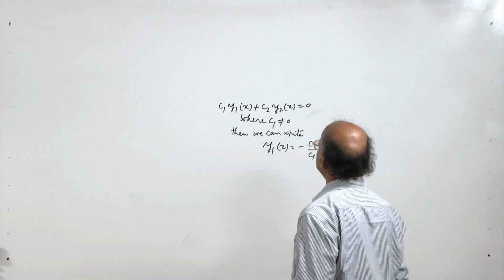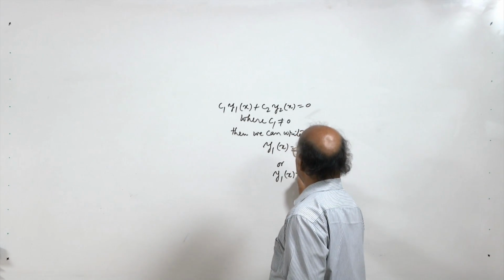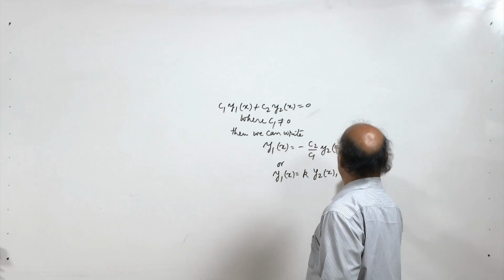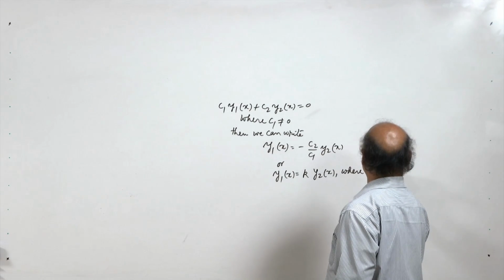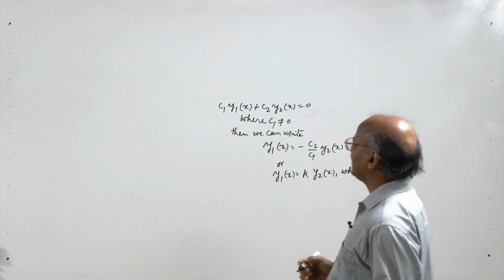Minus c2 over c1 is some constant, so we can write φ1(x) equal to some constant k times φ2(x), where k is equal to minus c2 over c1. So φ1 is a constant multiple of φ2.